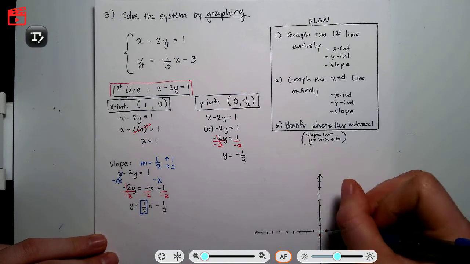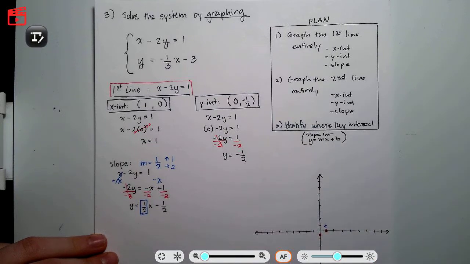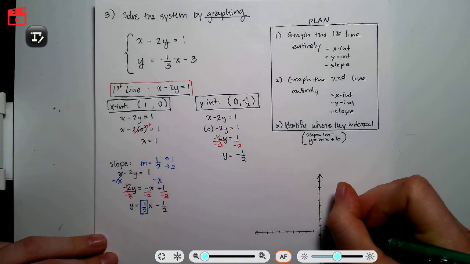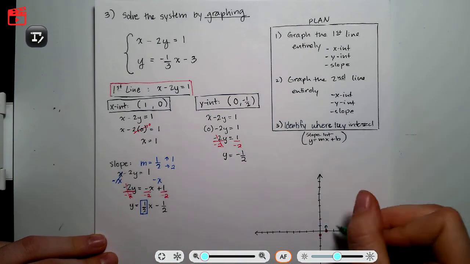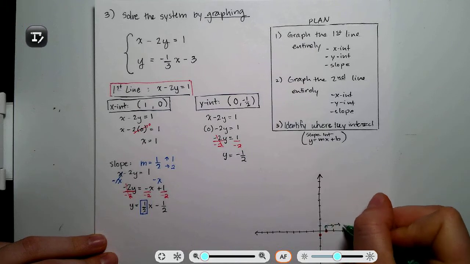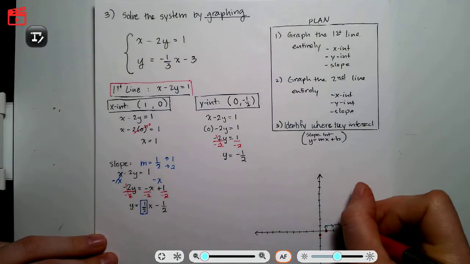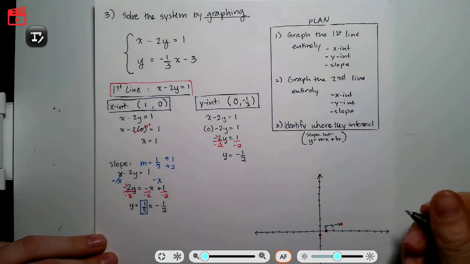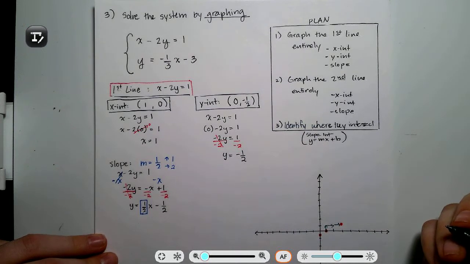We're going to go up 1, and then, let me use a different color, right 2. And there we go. And sorry, my graph is hand-drawn, so the points are not lining up that nicely.